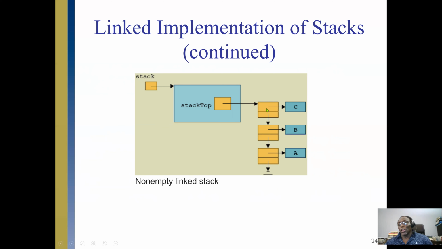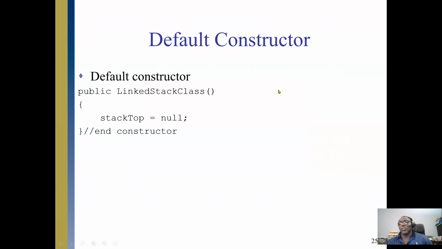So here, for example, we have a linked list stack with 3 items, A, B, C. So let's see the operations. With the default constructor, as we covered in linked lists, if the linked list is empty and there's no node, that means the special node, which we call the first node or the head node, points to null.